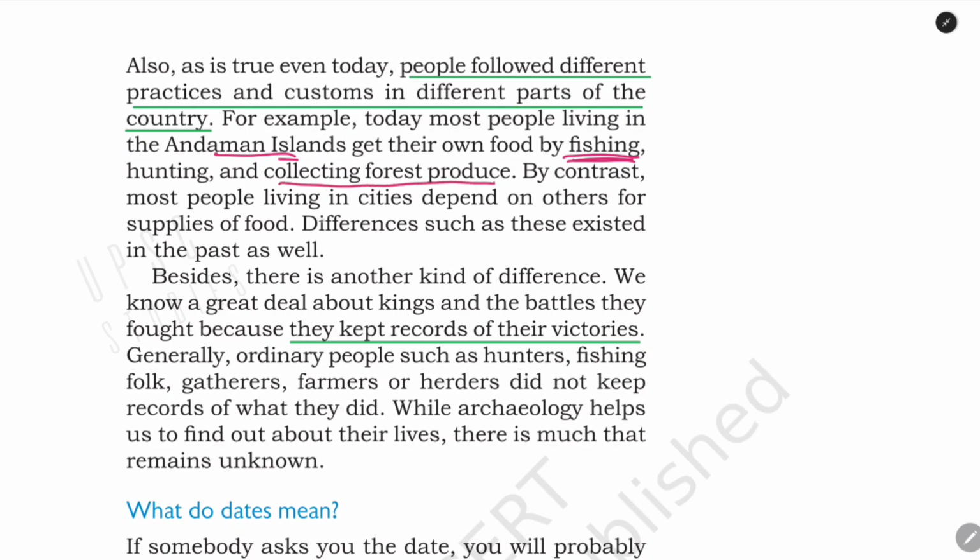But are the people living in cities doing that? No. People living in the cities depend on others for supplies of food. Differences such as these existed in the past as well. So, like today, there were differences in the past also.